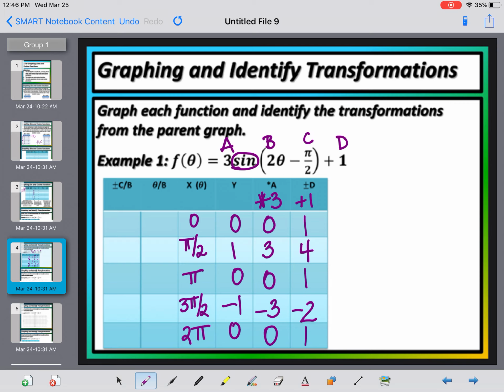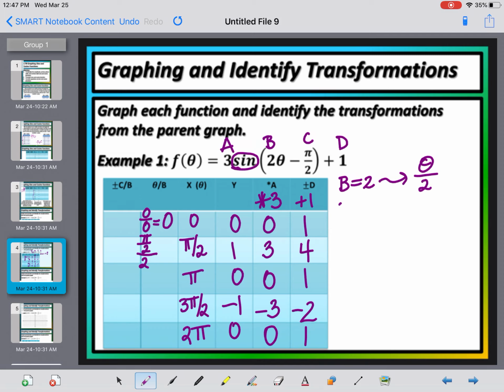The other side, we're going to divide all of our thetas by our B value. So B equals 2. So we're doing theta divided by 2. So these x values, these are our thetas. 0 divided by 2 is 0.